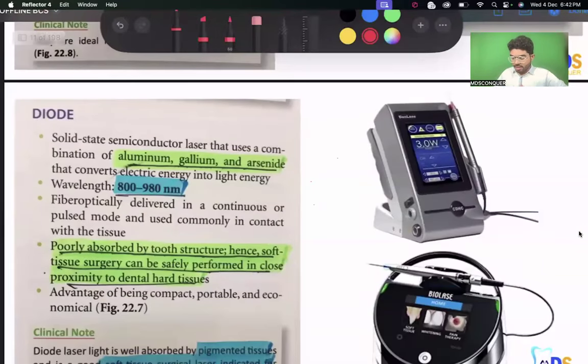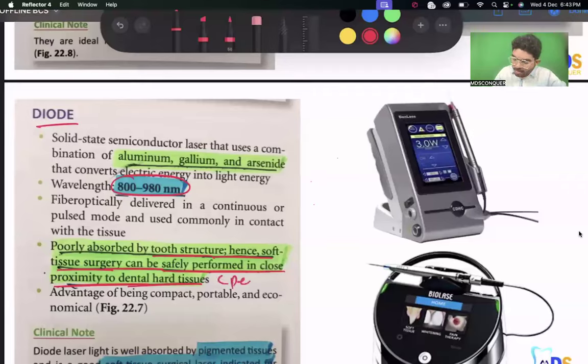Next comes the diode laser. The wavelength, a very frequently asked question, is 800 to 980 nanometers, and it is poorly absorbed by the dental structures. Hence, soft tissue surgeries can be safely performed in close approximation with the dental structures. Which department does soft tissue procedures closely associated with hard tissue?